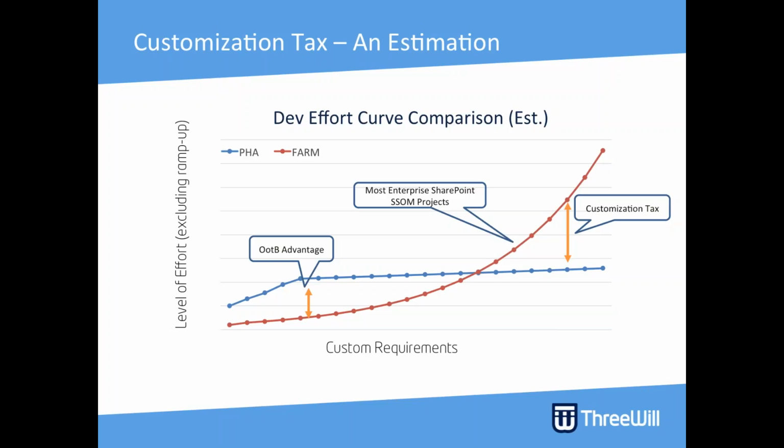Okay. And then once you get out past the point where those two lines meet, you really start to see value in looking at a provider-hosted app from the perspective of how much it takes for me to do something that is custom. Like if my business wants a particular application that needs some sort of relational store that exceeds the capabilities of SharePoint, I can do that now, and I'm not trying to square peg round hole the solution.